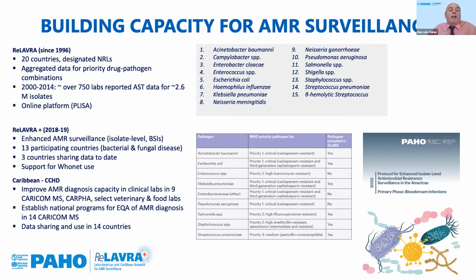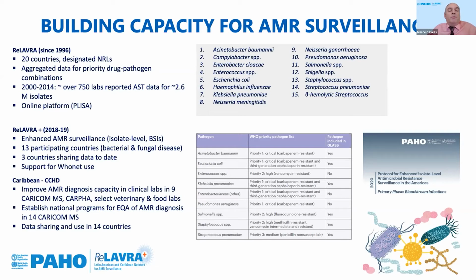In the last year, we started working on ReLAVRA Plus, which is a different type of surveillance. We are changing the paradigm of surveillance, moving from aggregated surveillance to patient-level surveillance. We start with blood culture, and on the right you can see the pathogens under surveillance in blood culture, which also include Candida.